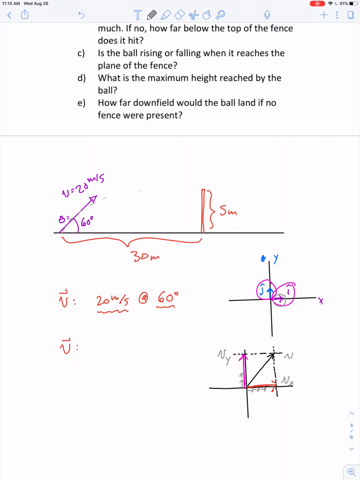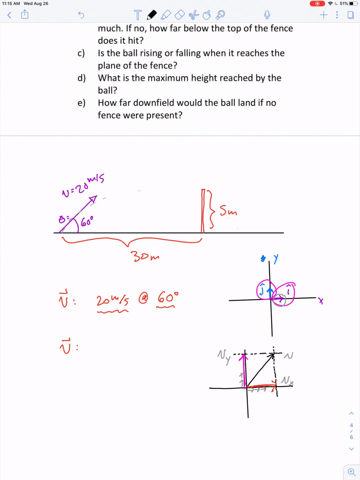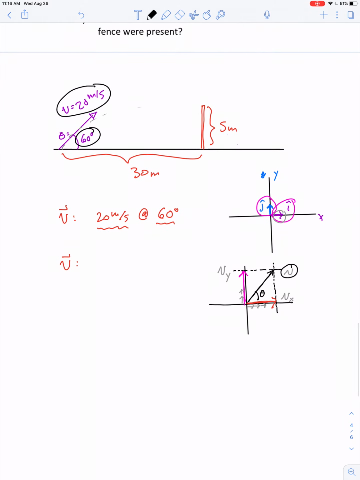What we're really asking for is what is the length of the sides of a right triangle. So we've got the length of the hypotenuse is v. We know the angle is theta. We'll keep it general. I know in our example the v is 20 meters per second and the angle is 60 degrees, but just to generalize this, I'm certainly allowed to take this purple vector.